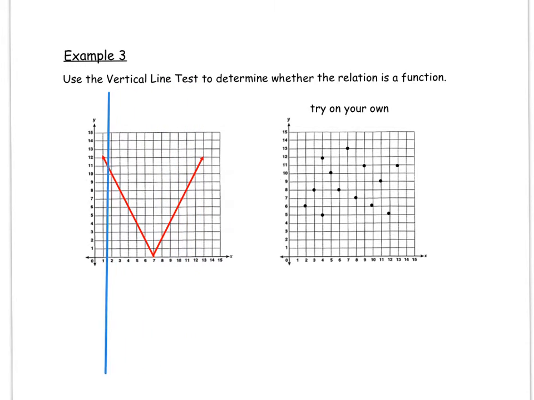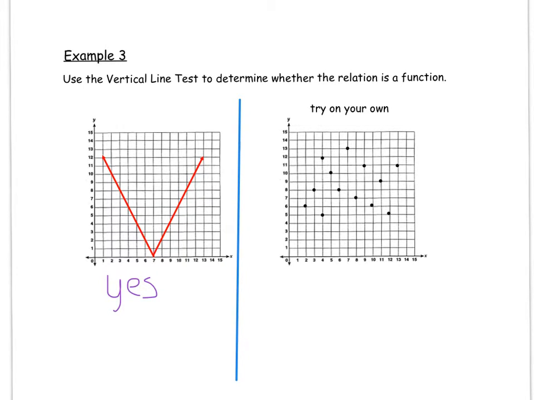But what we're looking at is, does it cross for any given x more than once? So as I move it across, at any given place, does it cross more than once? And it doesn't. For every given x, there is only one y. So yes, this one is a function, because for every input there's only one output.